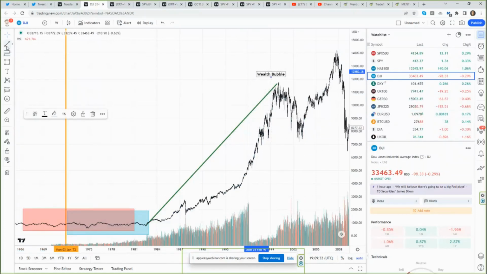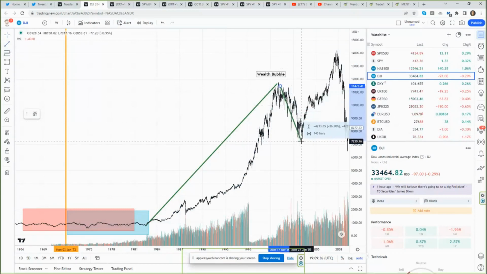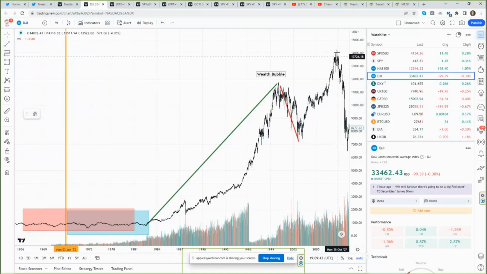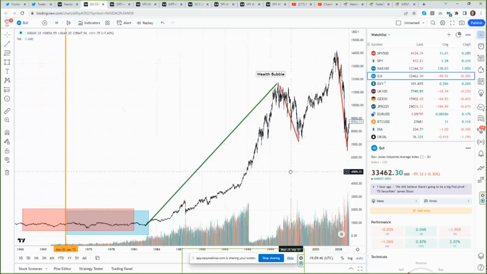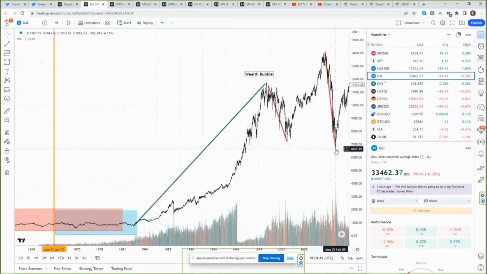So this was the 2000 to 2002 roughly bottom right in here. Change this to red. And this was the 2008 to 2010 roughly bottom. Try to get as close as I can.